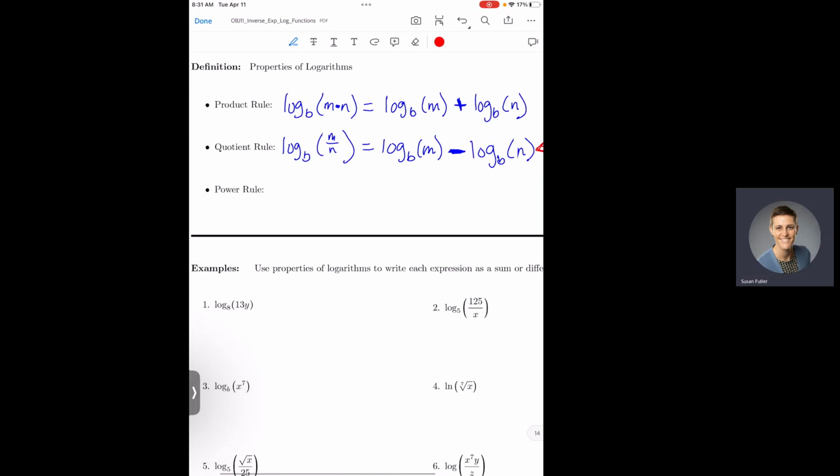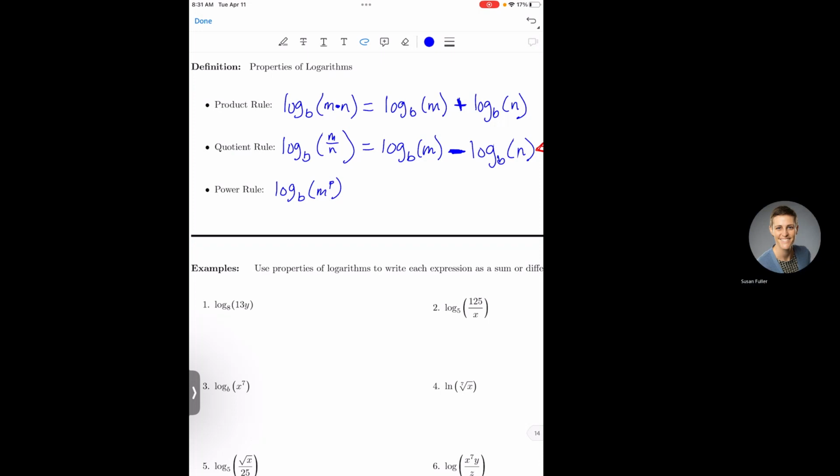And then the last one is the power rule. We are going to use this one if we have a power happening inside a logarithm. So let's say we have m to the p power inside a logarithm, then what we can do is multiply that p on the outside, and we're going to multiply it by log base b of m.